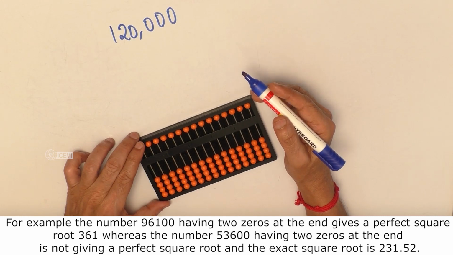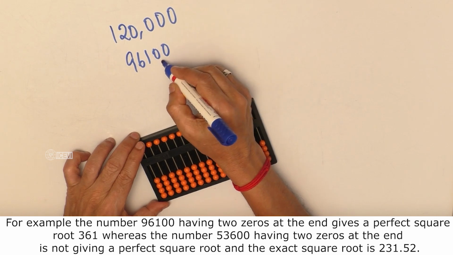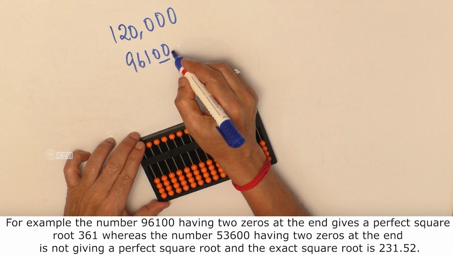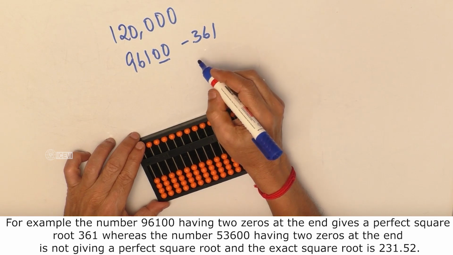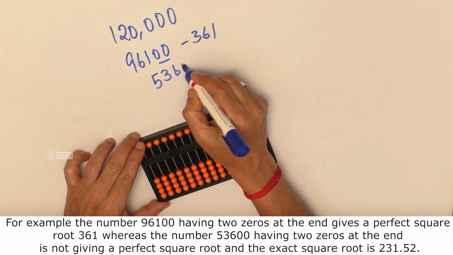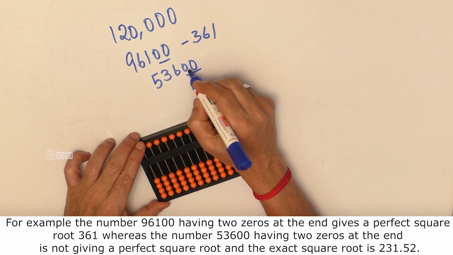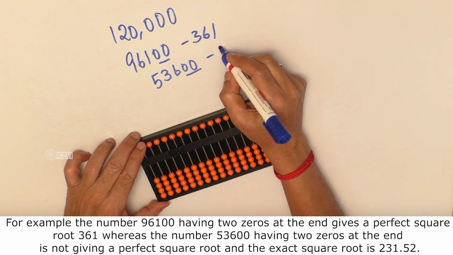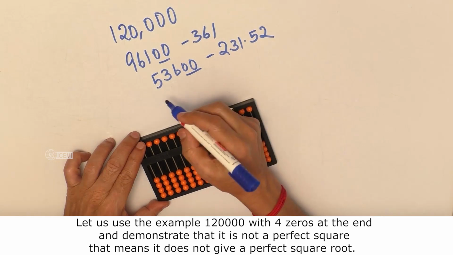For example, the number 96,100 having 2 zeros at the end gives a perfect square root, 361, whereas the number 53,600 having 2 zeros at the end is not giving a perfect square root, and the exact square root is 231.52.